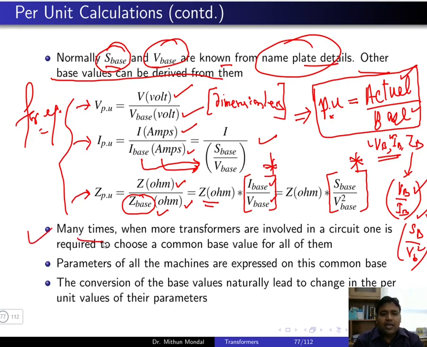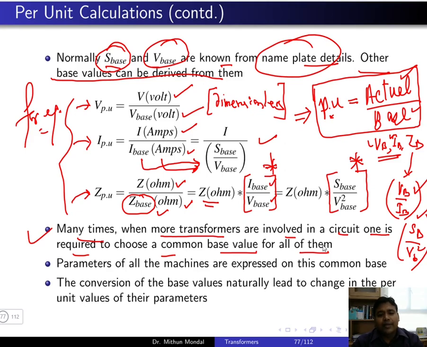So many times when more transformers are involved in a circuit, one is required to choose a common base value for all of them. Generally, as I said, in a power system, you will have a combination of different equipment, whether it is a transformer, generator, transmission line, synchronous motor, etc. In such a scenario, it is not a good practice to take the base value for that particular equipment.